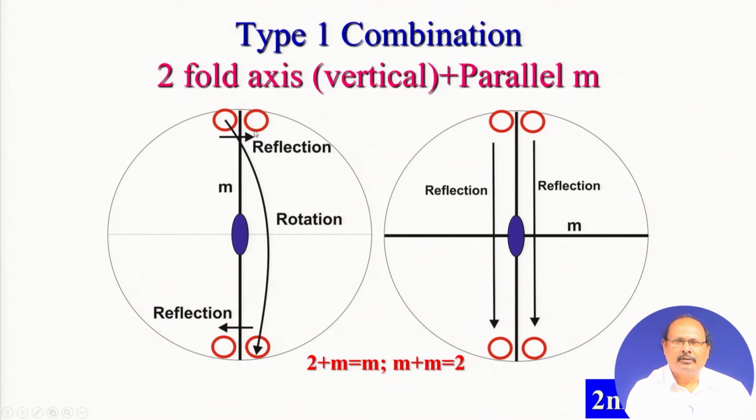Similarly, the reflection of this motif with respect to this mirror will produce another motif here. That is why I have written these arrows showing what the reflection is doing with respect to motif 1 and this motif here.